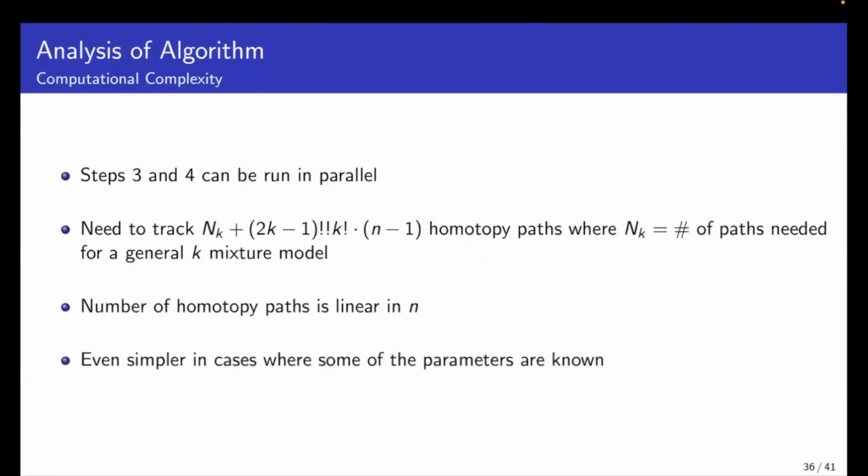And I'll just say it's even simpler in the cases where some of the parameters are known. So for instance, if you're trying to estimate just the means, but all the variances and mixing coefficients are known, all of this framework can be pushed through, and the algorithm simplifies significantly.